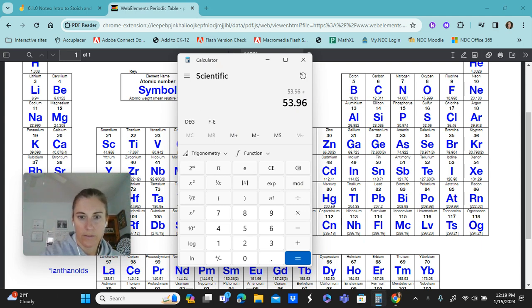So 3 sulfurs, 32.07. Okay, and then we're going to add that to 12 times 16. There's 12 oxygens. So 342.17 is our molar mass of aluminum sulfate.